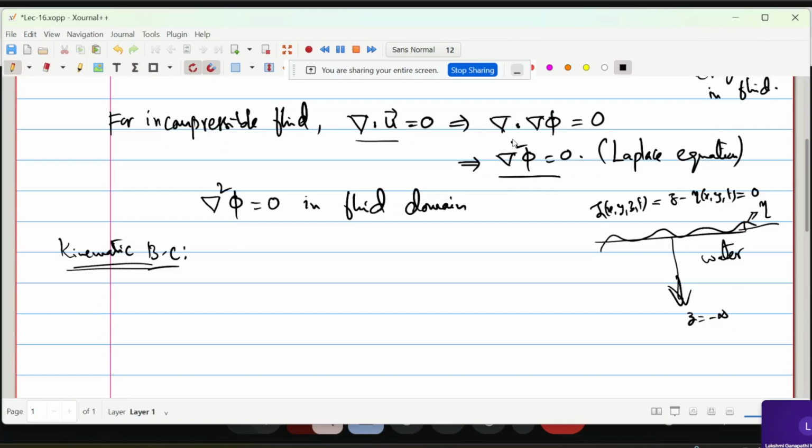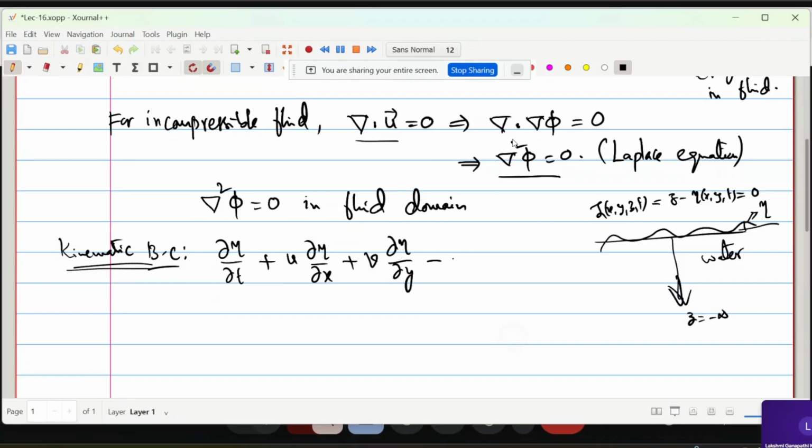What is the kinematic condition that you derived? Can you recall and tell me? Dou eta by dou t plus u, the velocity component in the x direction, into dou eta by dou x, plus v into dou eta by dou y, minus w into dou z by dou z, which is anyway 1.